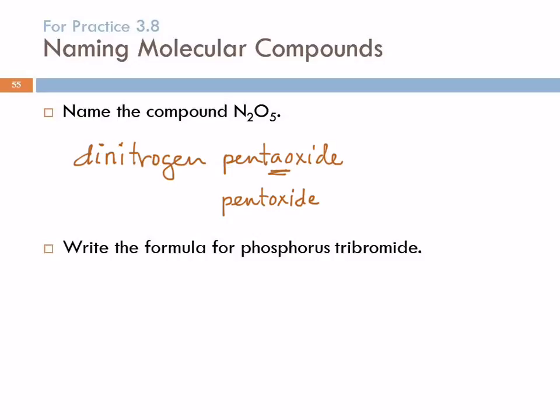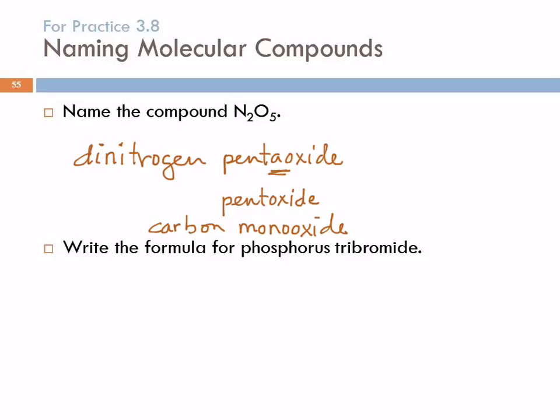But I want to tell you about that because if you see pentoxide instead of pentaoxide, you might say, well, what's going on there? Well, the writer decided to drop the vowel because it looks kind of funny sometimes. Like with carbon monoxide, it probably should be monooxide, right?